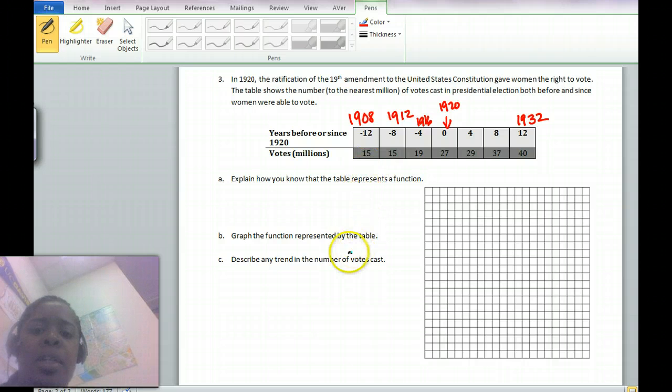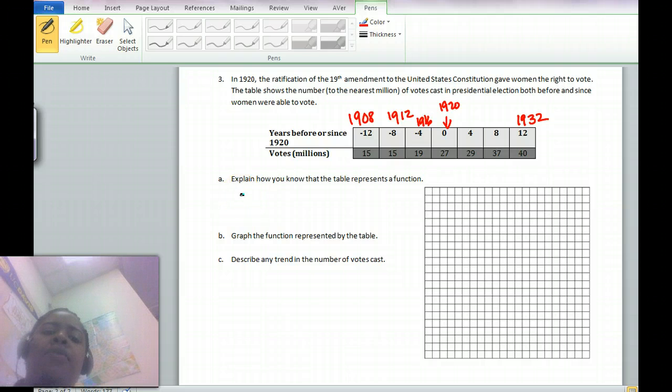So next thing that they're telling us is explain how you know that this table represents a function. Well, if you remember from previous chapters, it's a function if every input has one output. That means that I can't say that in 1908 there were 15 million voters, and then later on my table it says in 1908 there was 29 million voters, for example. So as long as all of these are different, then it is a function.